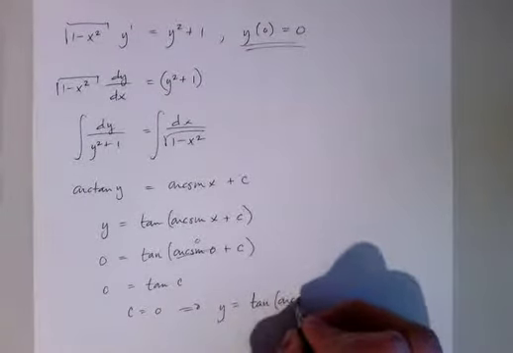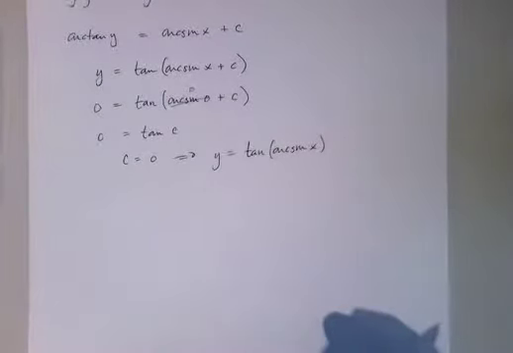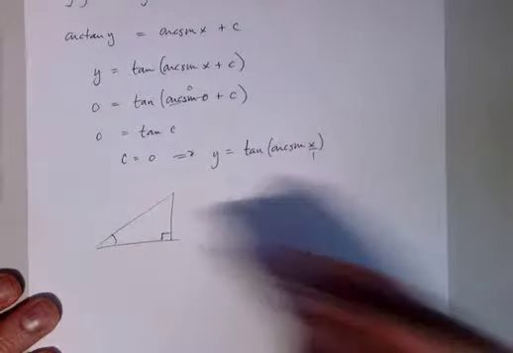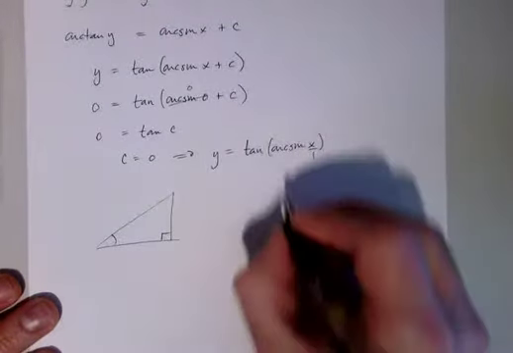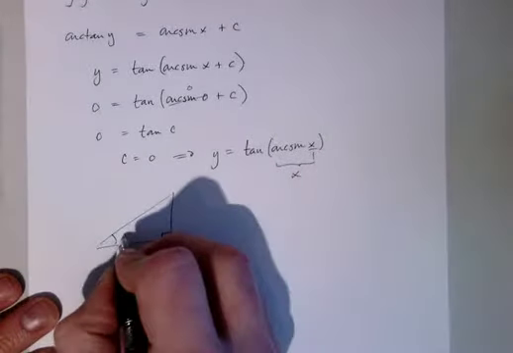Now, here's the thing. As far as I'm concerned, that's a legal way to leave things, but it's not the best way to leave things, because I happen to know that there is a relationship that is implied by that, okay? Now remember, this stands for an angle measurement.